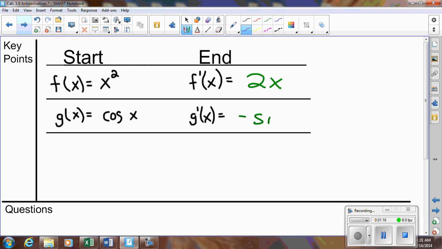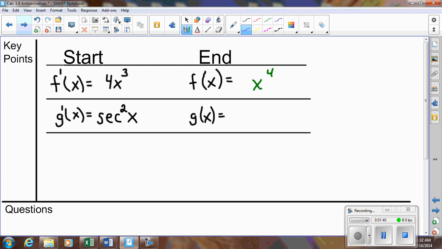So in a lot of ways, we're just going to be thinking about, if we already have the derivative, work your way backwards to see where it came from. For example, if we start with the derivative 4x cubed, where did 4x cubed come from? That's going to wind up being x to the fourth.